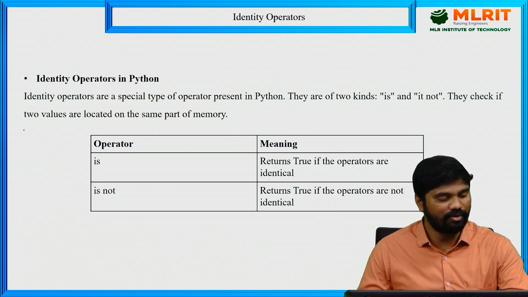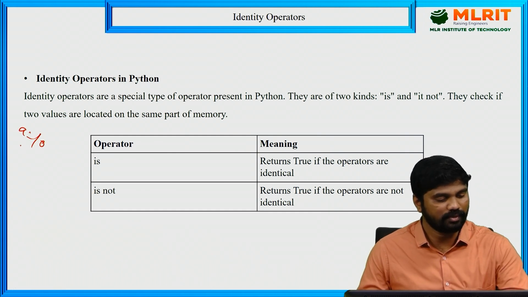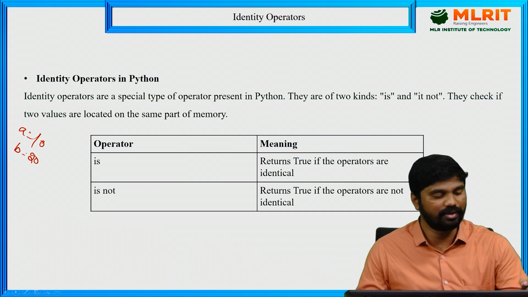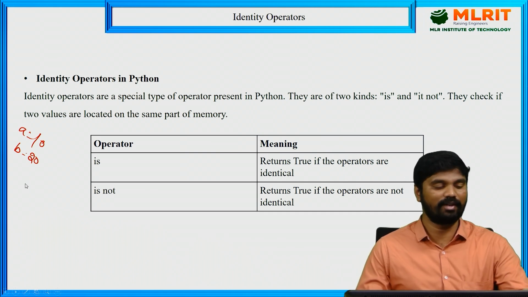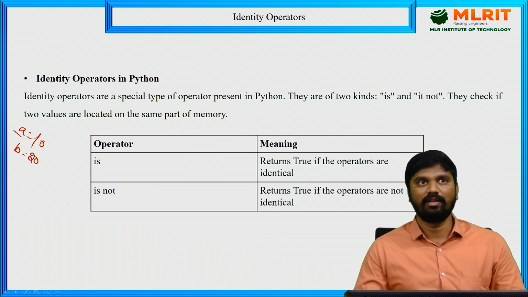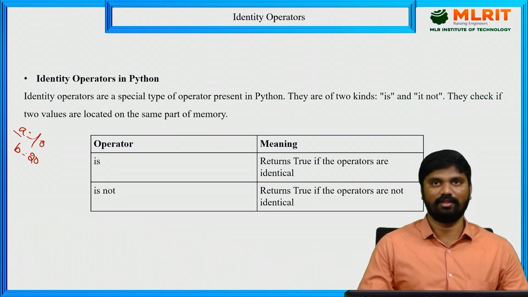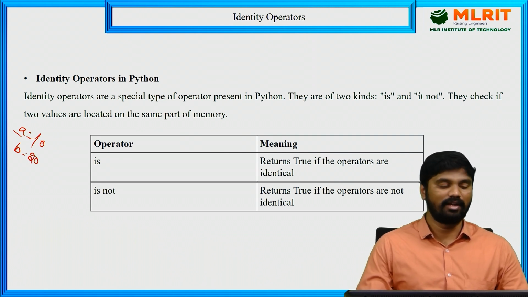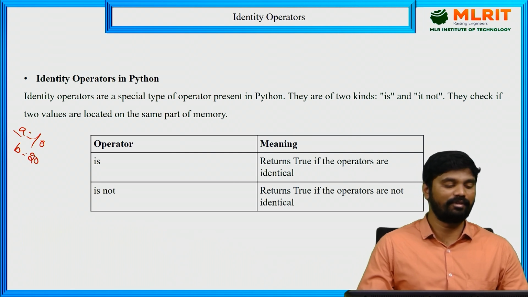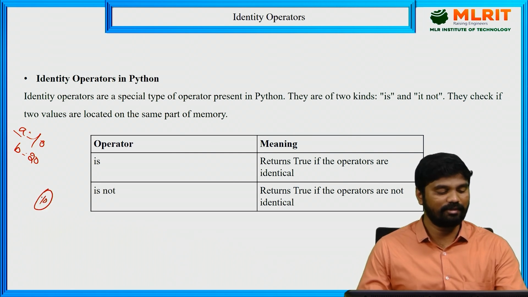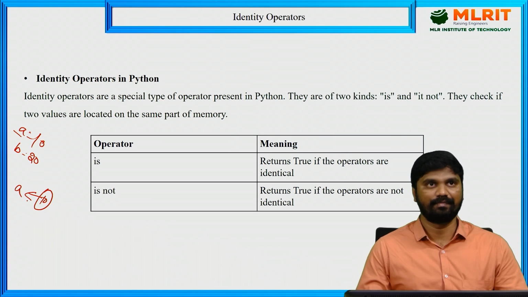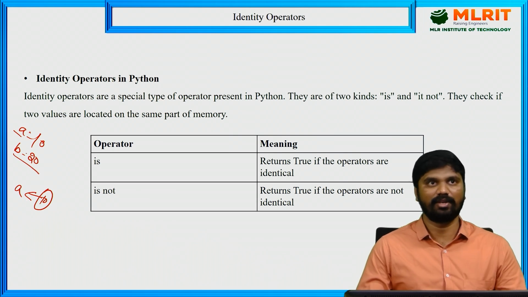I will explain this through an example. Now A equals 10 and B equals 20. Whenever this statement is executed, the Python virtual machine won't directly create an object. First it will check whether there is any existing object available with the value 10 or not. If it is not there, then an object will be created and referred to by A. Next, this statement will also be executed.